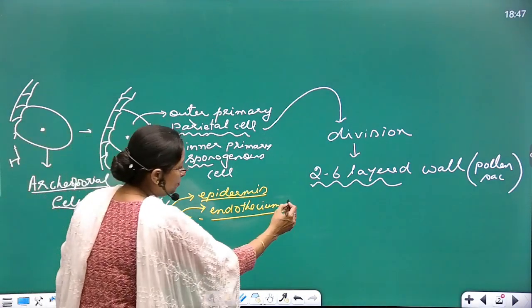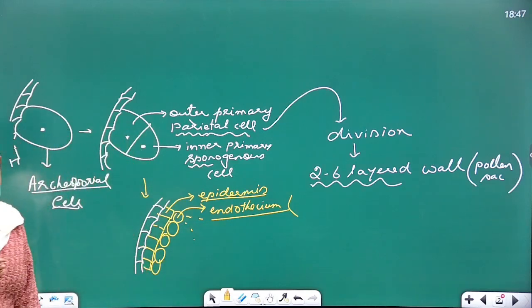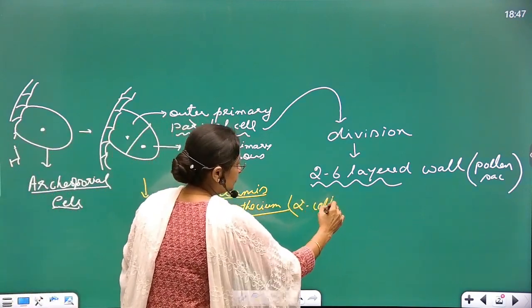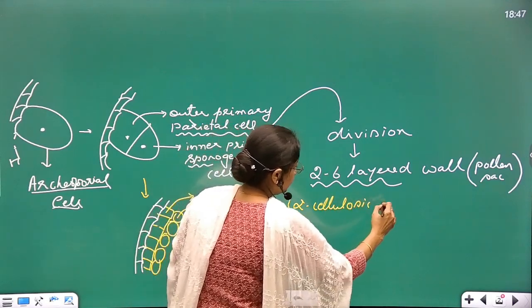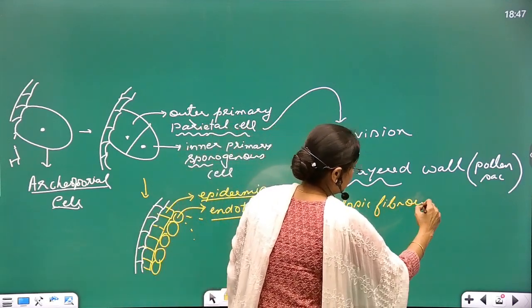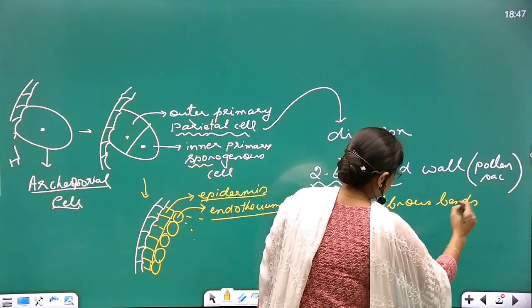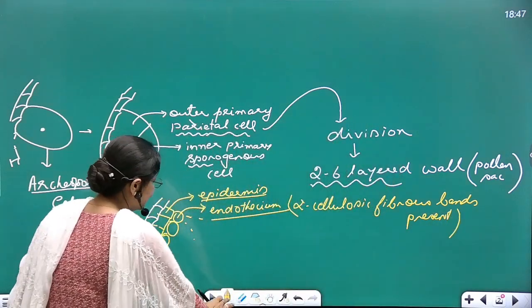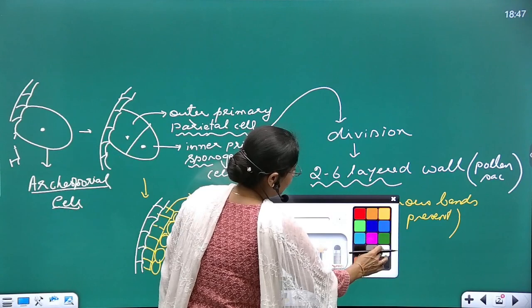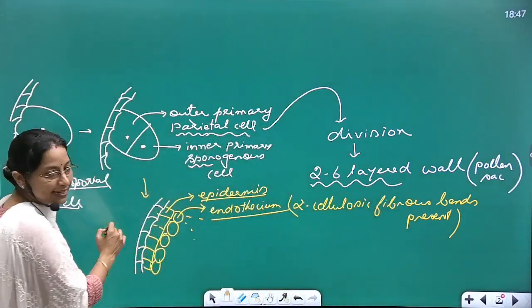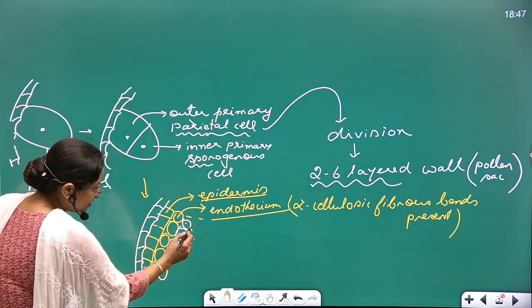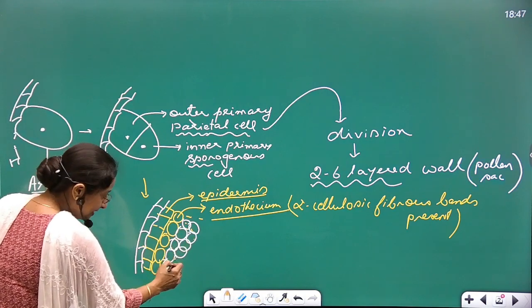One very important point about endothecium that we discussed is the presence of alpha cellulosic fibrous bands. Next, 2 to 6 layers will be there, after those one or two layers there will be more layers.